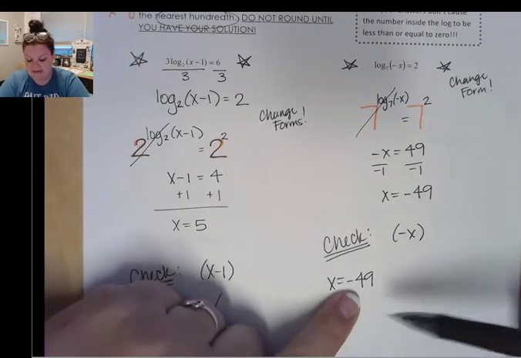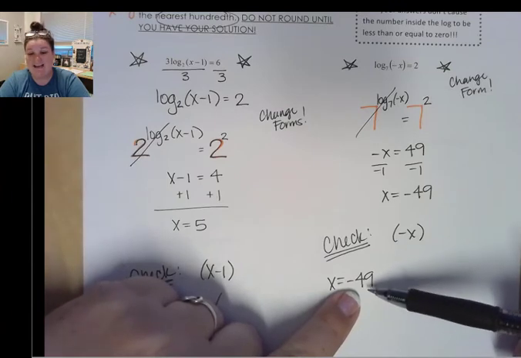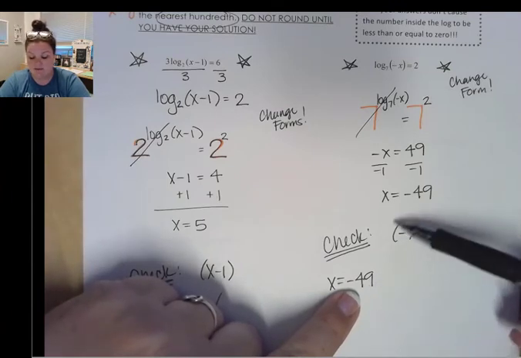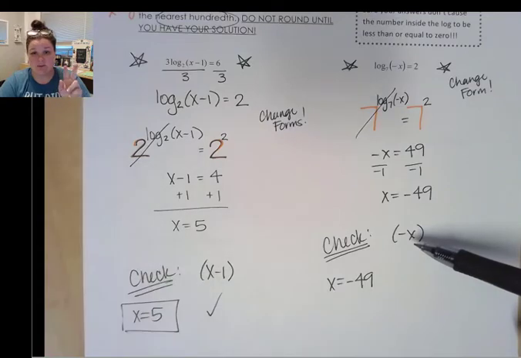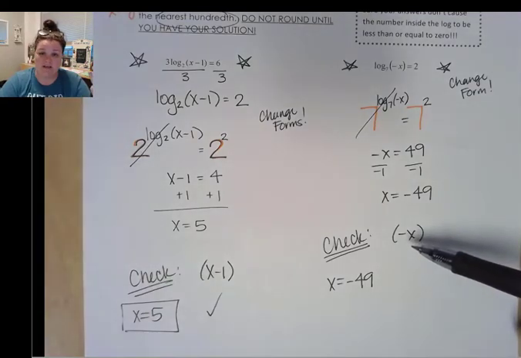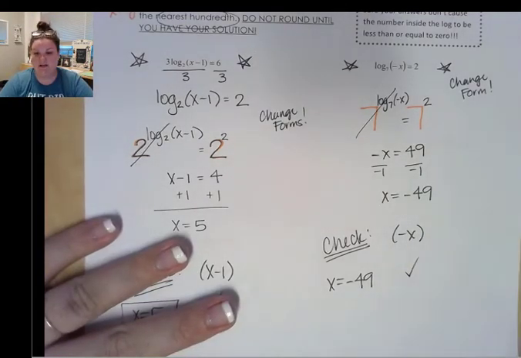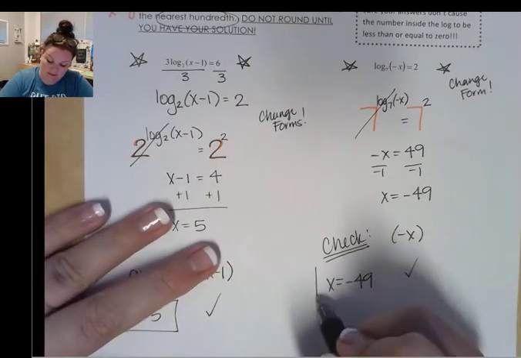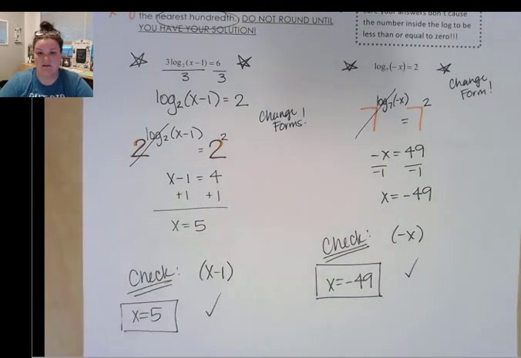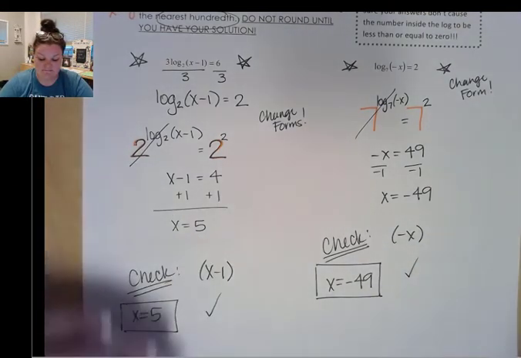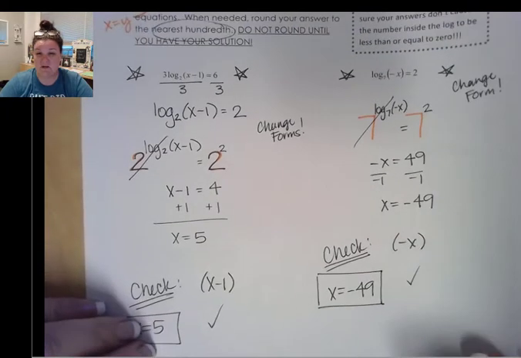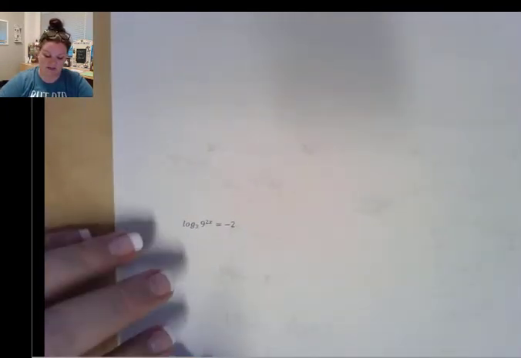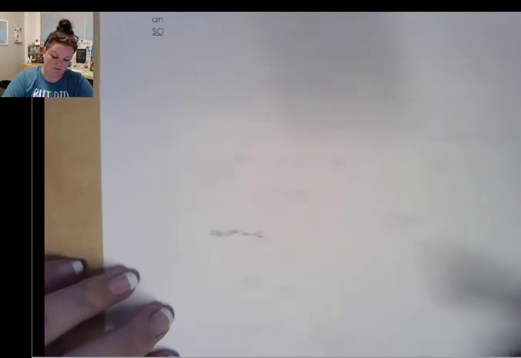If I plug a negative 49 into negative x, that's going to give me double negatives, which makes it a positive 49. So it does not give me any issues. So x equals negative 49 is my solution. Okay? Maybe not too bad. Let me look at a few more, and then I'll have y'all try some.